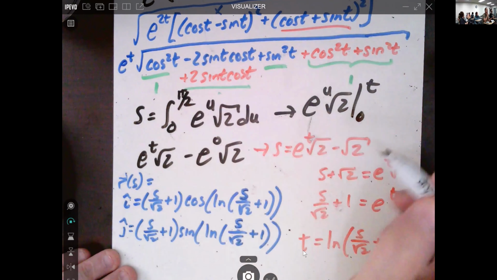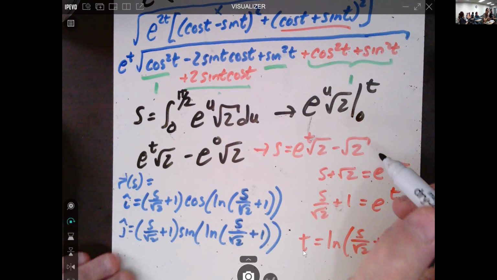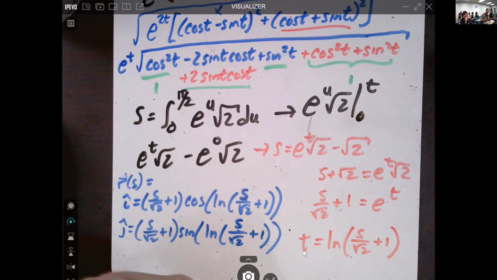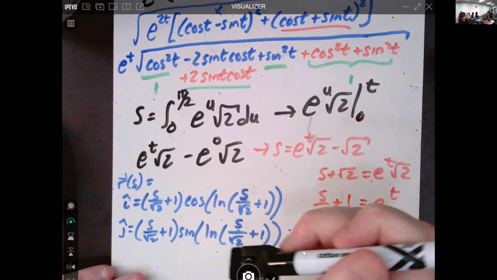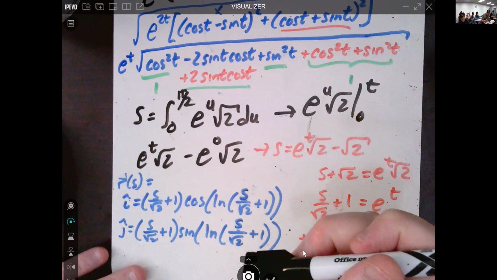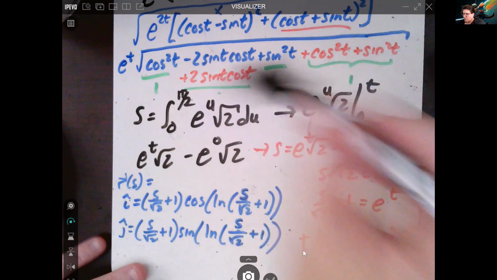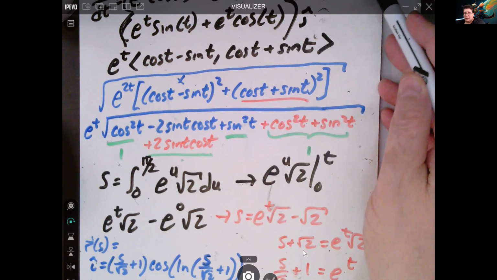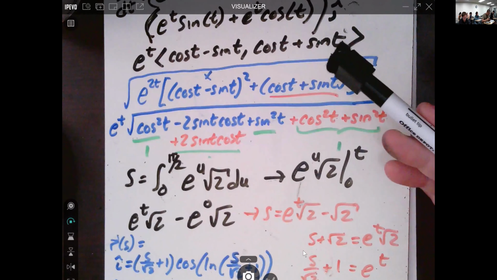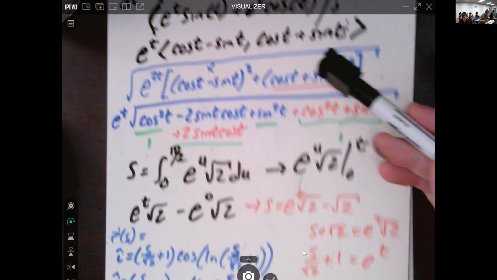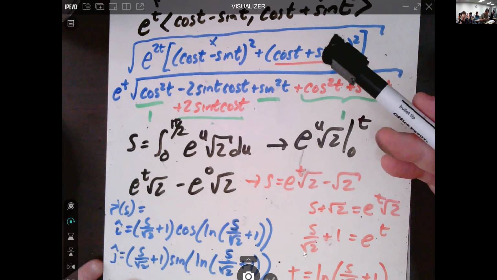I don't think he understands that question. No, what he was asking was, you know how you had that interval from 3 to 4 from the last problem, or 0 to pi over 2 here. The idea is 0 is less than or equal to t, which is less than or equal to pi over 2.